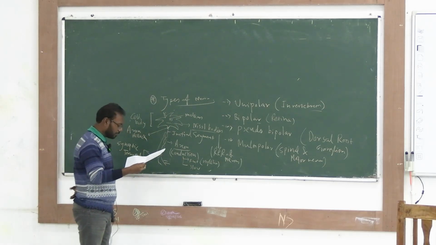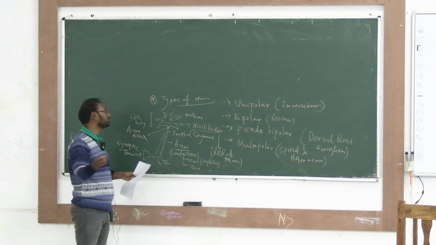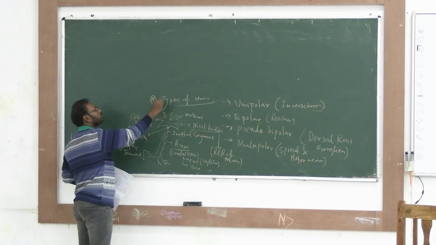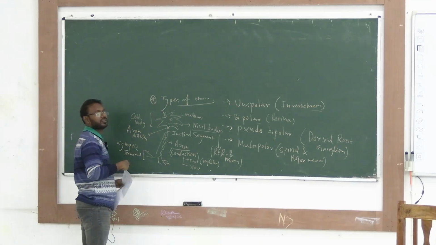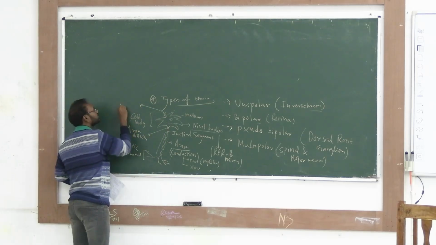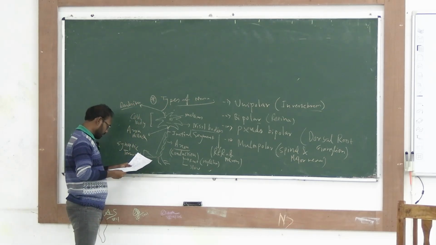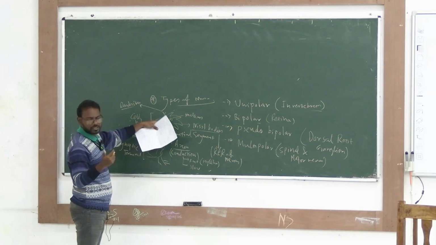তো এই হচ্ছে আমার ব্যাপার। নাও নেক্সট হচ্ছে তোমার এই যে প্রজেকশন গুলো, these projections are called dendrites. Dendrites. So এই হচ্ছে ব্যাপার। নাও এদের কাজ কি?